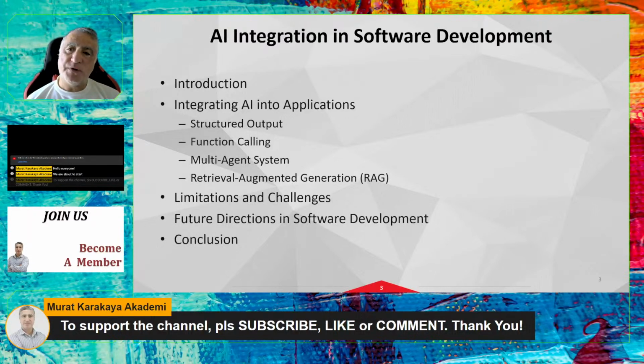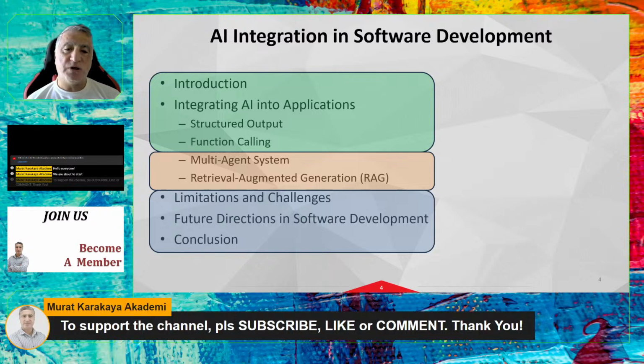In this presentation, I will provide the introduction. Then I will do some demonstrations of how to embed AI into your regular code by using two important methods, structured output and function calling. And in the upcoming tutorials, I would like to talk about multi-agent systems and retrieval augmented generation, RAG, shortly.